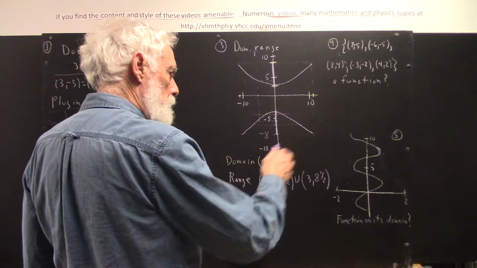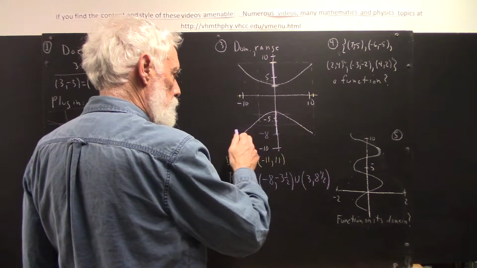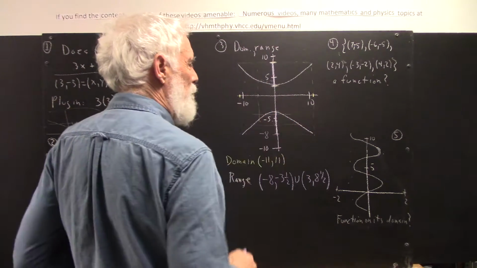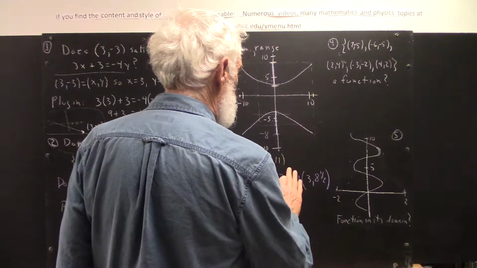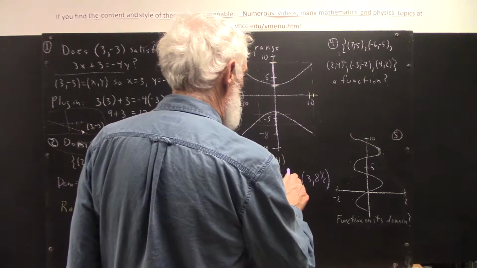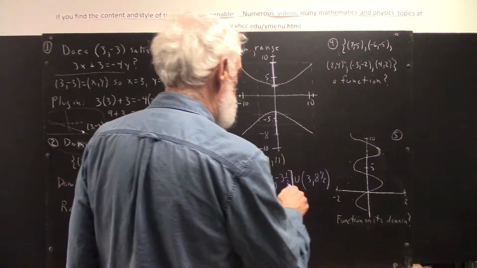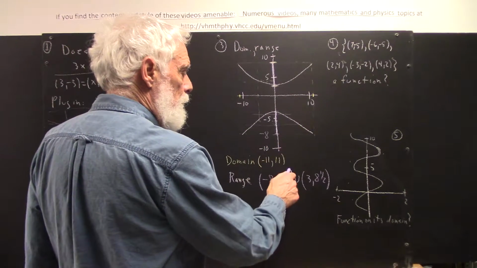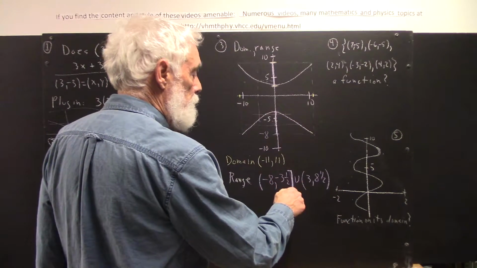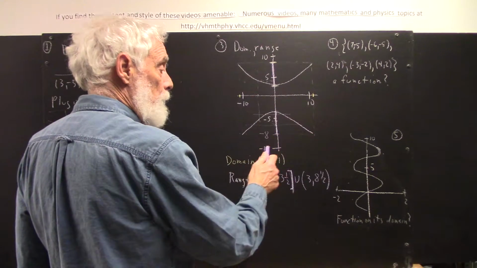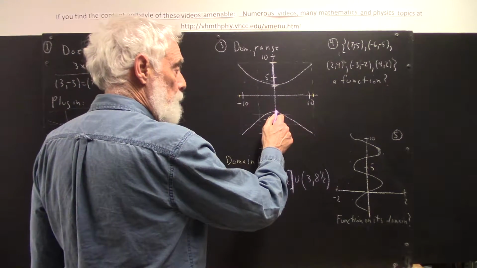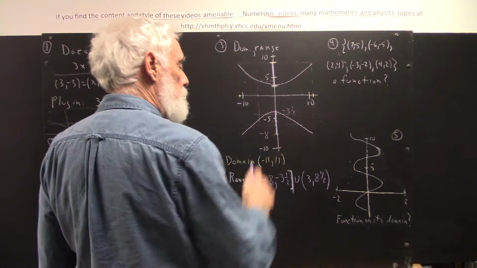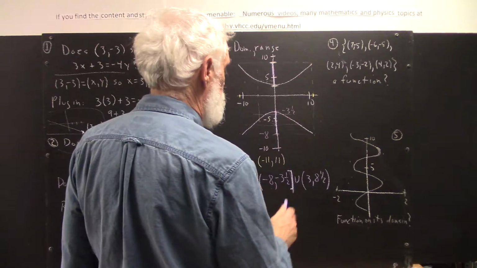The open interval might be appropriate because we're not sure whether we include the endpoints here. It looks like if the maximum value is 3.5, maybe that value is actually taken by the function at this point. So we probably want to say it's a closed interval here. The value we get here, if it's -3.5, would actually be included, so we'd make this a closed interval.